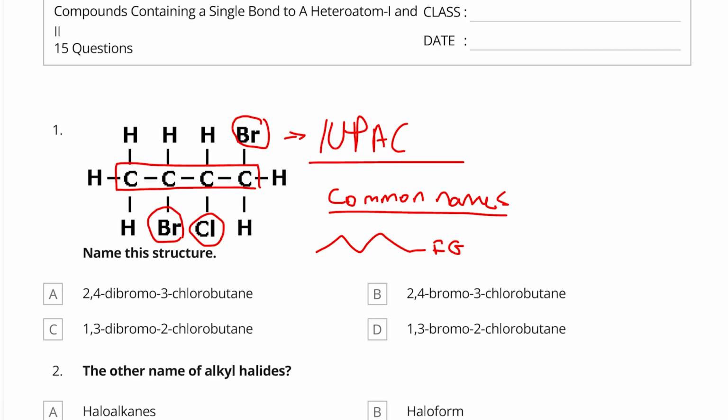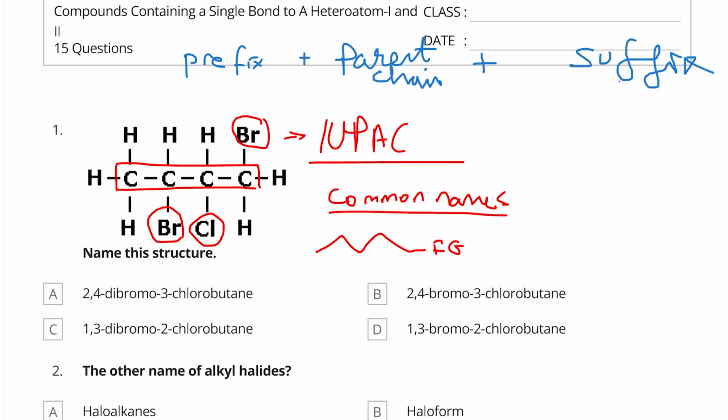And let me remind you of the IUPAC naming. To remember, the formula is prefix plus parent chain plus suffix. So the suffix of an organic molecule must tell us the superior functional group in a given organic compound.